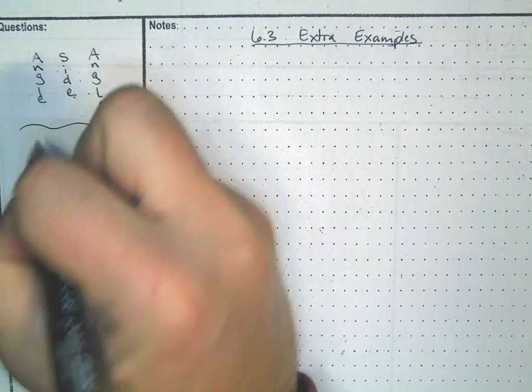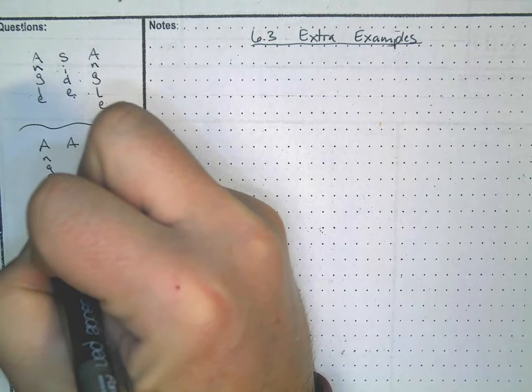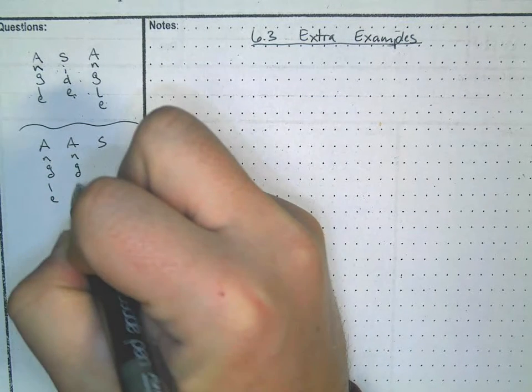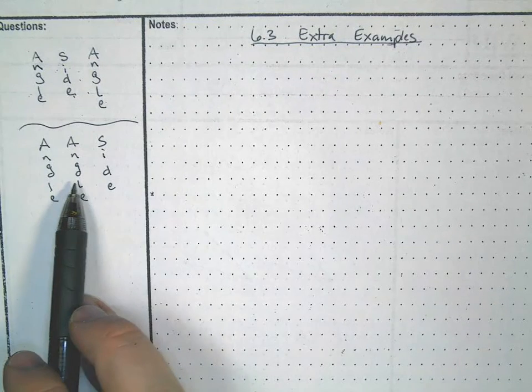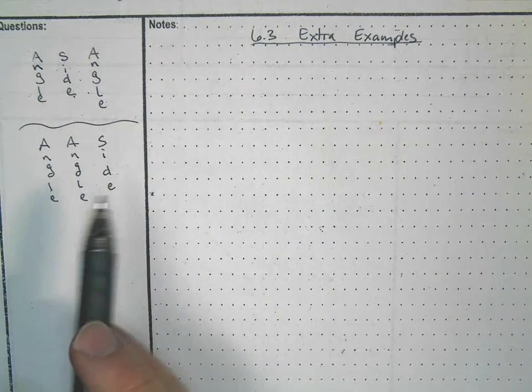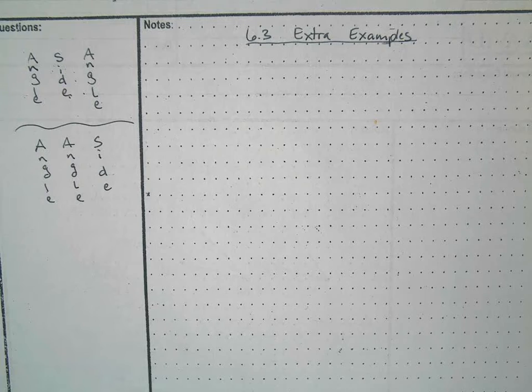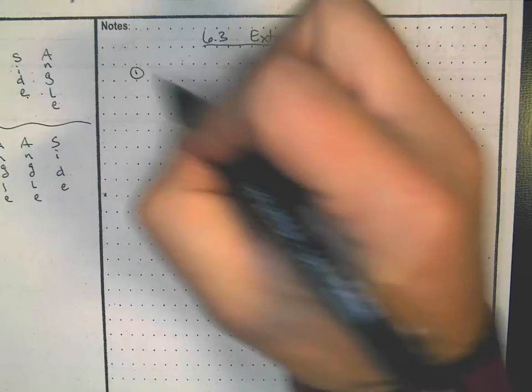And then we also have angle, angle, side, where we have two pairs of congruent angles and then some side on the outside of those angles that are congruent. So let's draw a couple pictures and see if we can identify which is which.